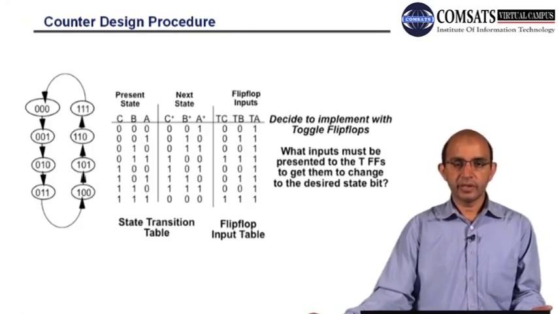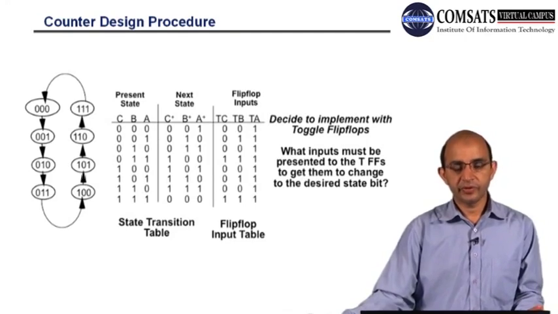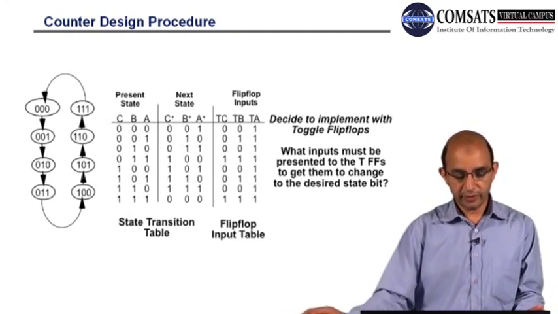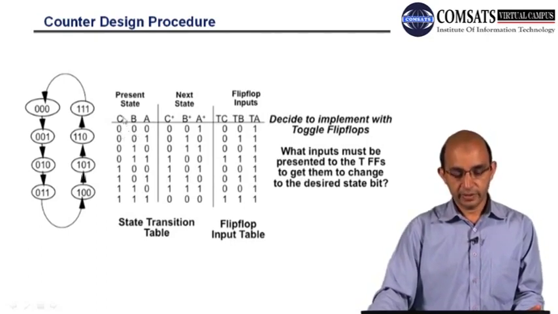So let's start the design procedure for a counter. Here we have the example. You can see we have the present state. We have 3 bits, C, B, and A. These are the next states, and these are the flip-flops. If you look here, we have started from 0 0 0, and then 0 0 1, 0 1 0, and 0 1 1, 1 0 0, 1 0 1, 1 1 0, and 1 1 1.